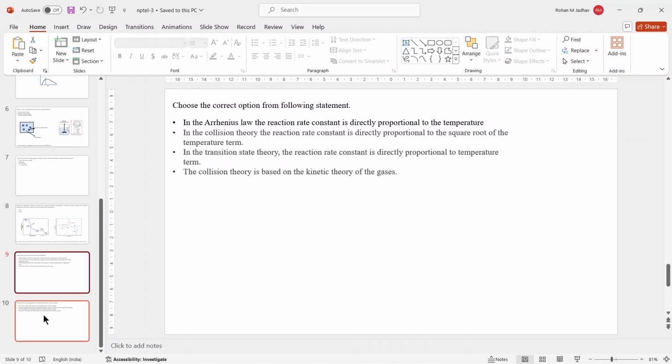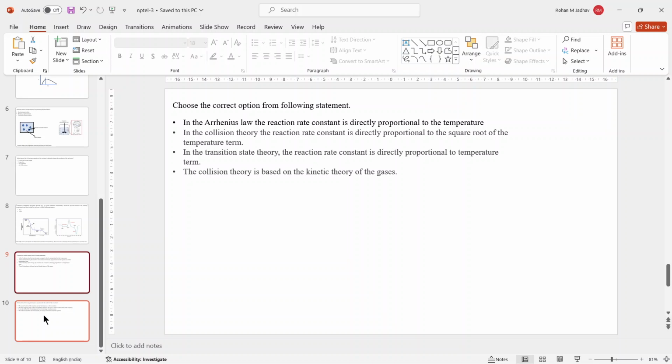So in transition state theory, what happens is that we are seeing the change with respect to the temperature. As the temperature is increasing, the reaction rate also steadily rises. And then the collision theory is based on the kinetic theory of gases.